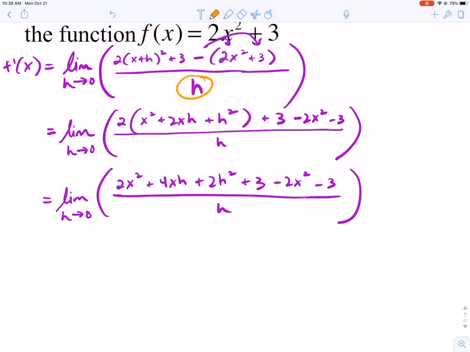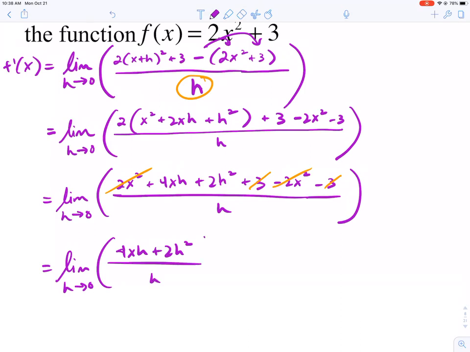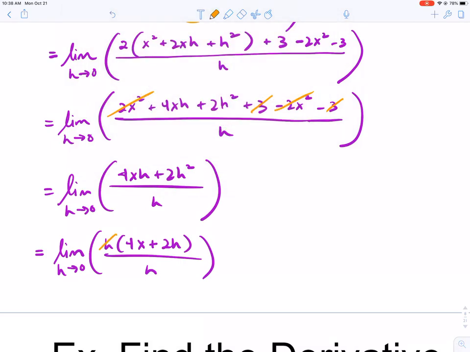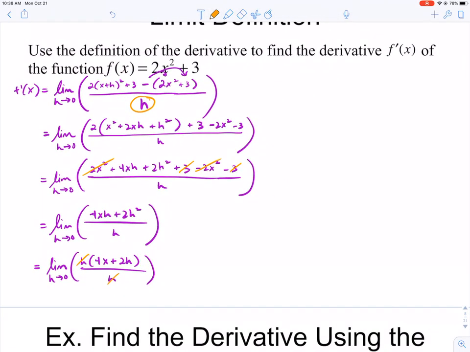And now let's see what cancels. So the 2x squareds will cancel, the 3's will cancel. And if I factor out an h in the numerator, it will cancel with that h in the denominator, which remember, that's our goal for the difference quotient.